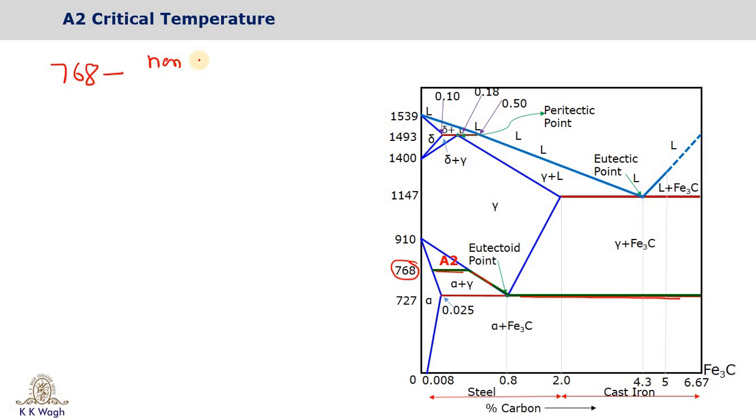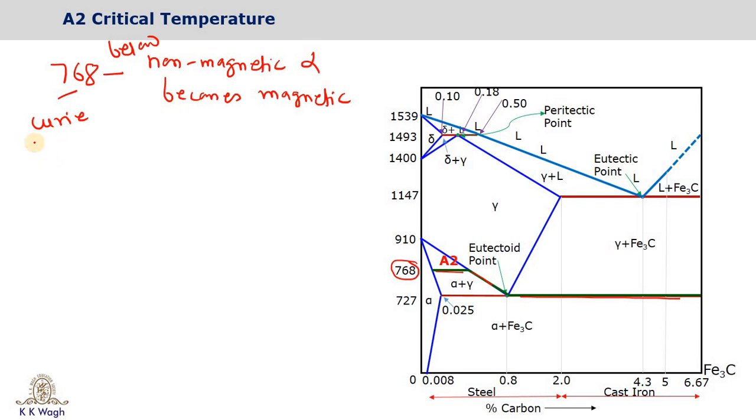Below 768, non-magnetic alpha becomes magnetic, and that's why 768 is called the Curie temperature. So this line is called the A2 critical temperature line.